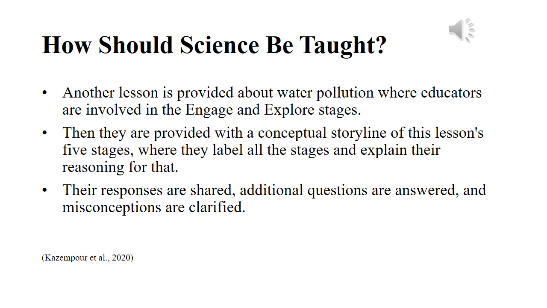But for the rest of the stages, they're going to be provided with a conceptual storyline of the lessons, the 5 stages, and they're going to have to label all the stages and explain their reasoning for why they are labeling a specific description as a specific stage. After that, their responses are shared, additional questions are answered, and misconceptions about the 5E cycle are clarified.